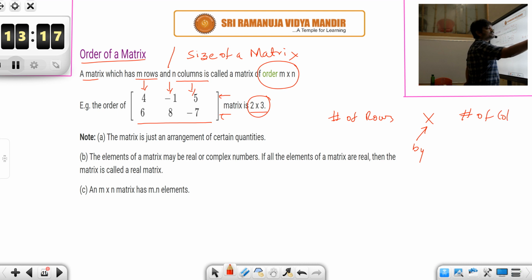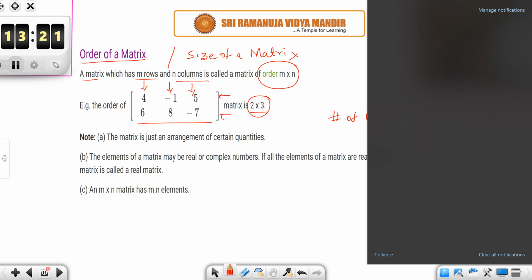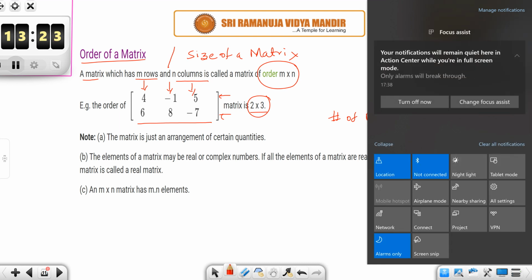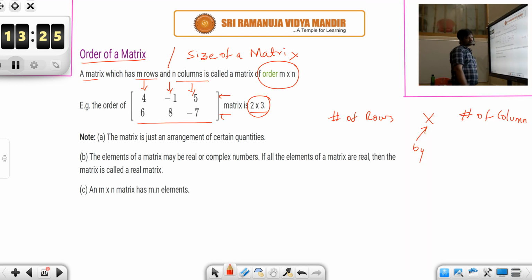This is how we'll address the matrix. So the order of a matrix means number of rows by number of columns. This is how we'll read it. In this example, the number of rows is 2, so 2 by, shown symbolically using the into sign, 3. That is the number of columns.